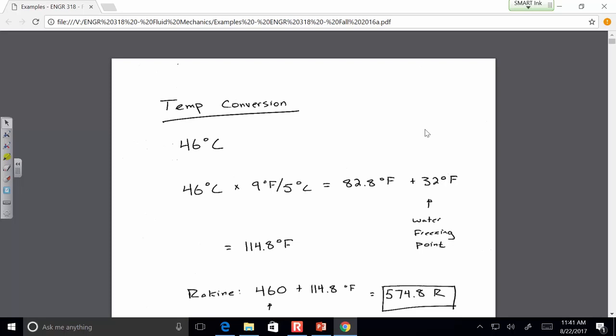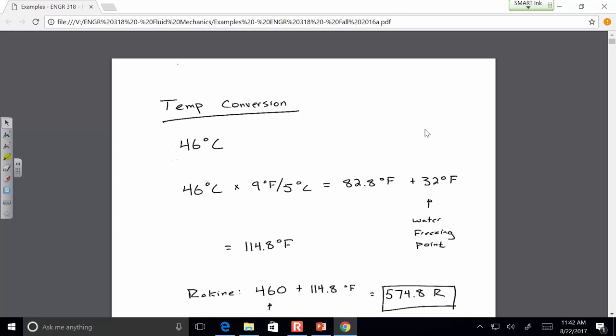So we start off with 46 degrees Celsius. And remember, Celsius degrees are larger than Fahrenheit degrees. And so this 9 degrees Fahrenheit for every 5 degrees Celsius, we have to multiply this ratio to convert the number of Celsius degrees into the number of Fahrenheit degrees, and then also make the adjustment in the freezing point, because whereas for Celsius the freezing point is 0, the freezing point is 32 in Fahrenheit.